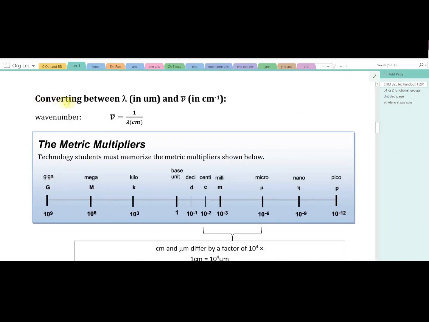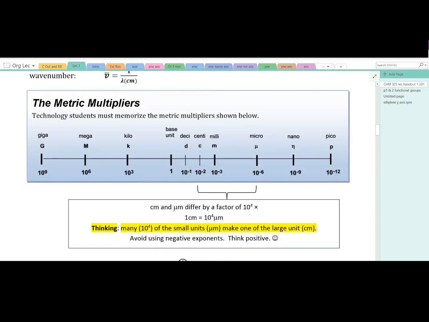Let's learn how to convert between wavelength in microns and wave number in centimeters to the minus 1. So here's the conversion. Wave number is equal to 1 over wavelength in centimeters, giving centimeters to the minus 1. We will be converting between microns and centimeters. So here are the metric multipliers that every student is expected to have memorized. On the scale we see centi and micro.